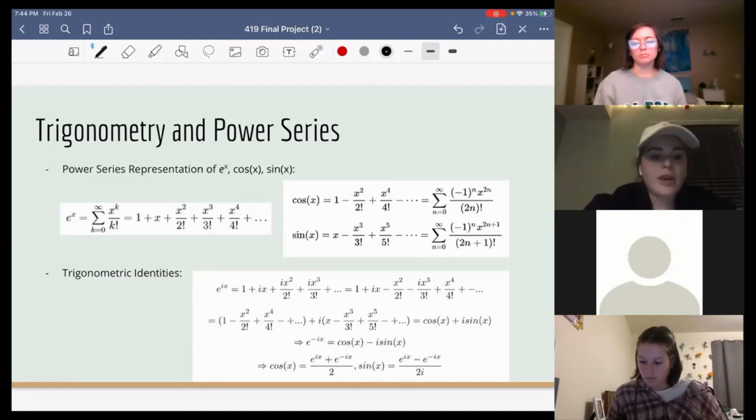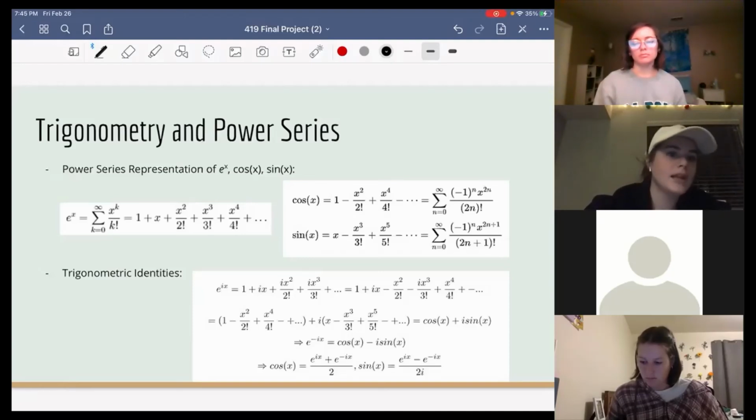The second term, we have x minus x cubed over 3 factorial plus x to the 5th over 5 factorial, minus, plus, and so on. That is sine of x, but with a coefficient of i in front of it. So this yields our first trigonometric identity, that e to the ix equals cosine x plus i sine x.